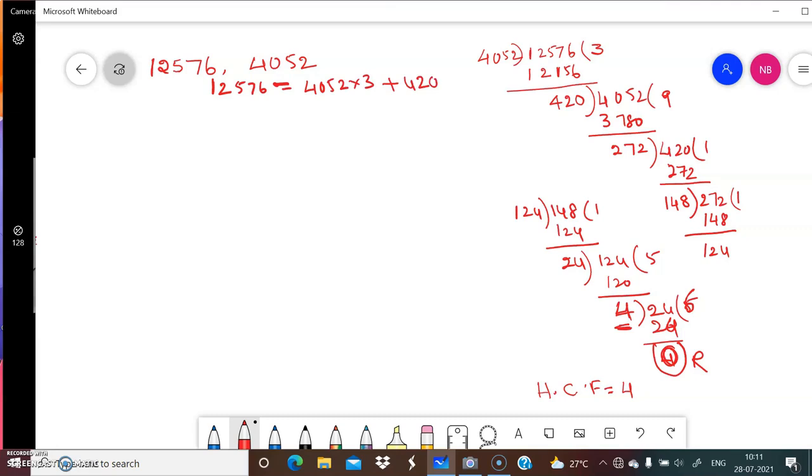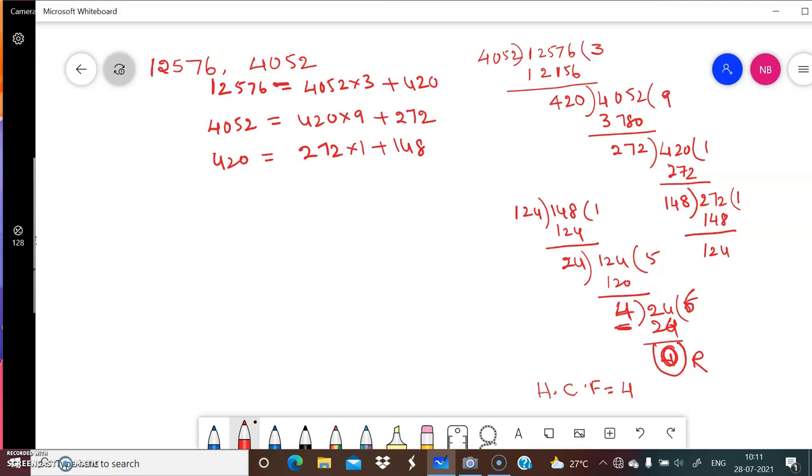Now this 4,052 can be written as 420 into 9 times plus 272, we got the remainder. Now this 420 is equal to 272 into 1 plus this 148. How can you get all these? From this division. If you do this division on the right hand side, from this only you can write these steps.